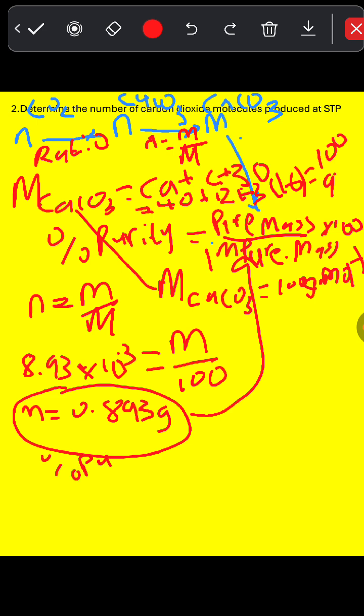Percentage purity will be equal to the pure mass, which is 0.893, over the impure mass, which was 4, times 100%.